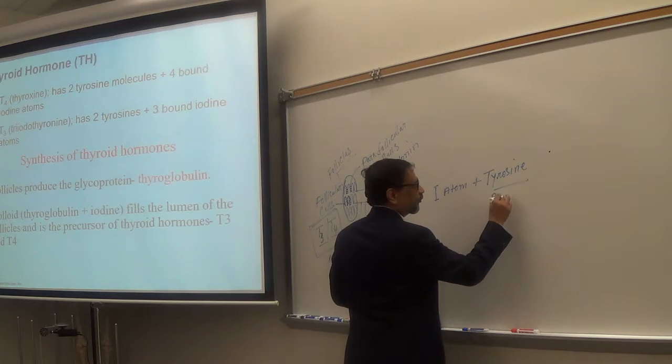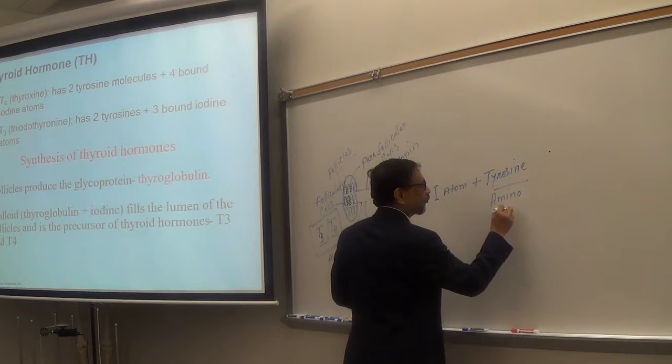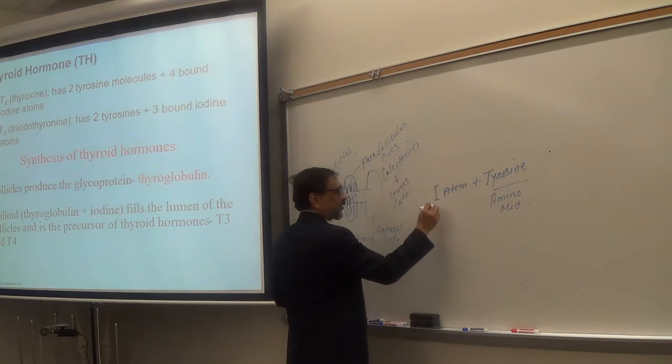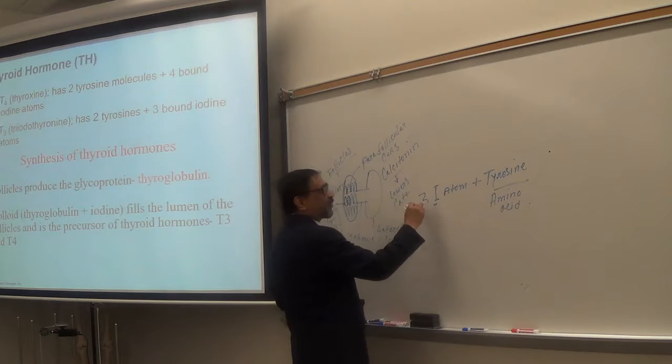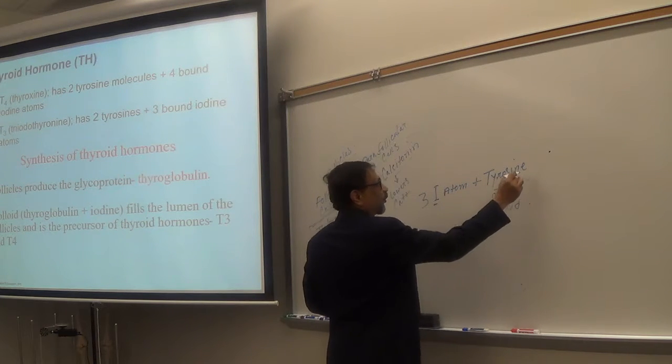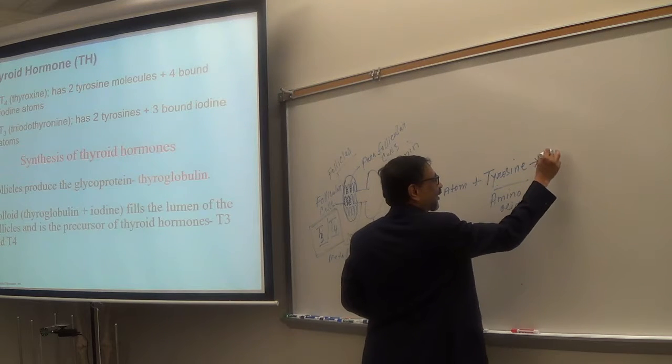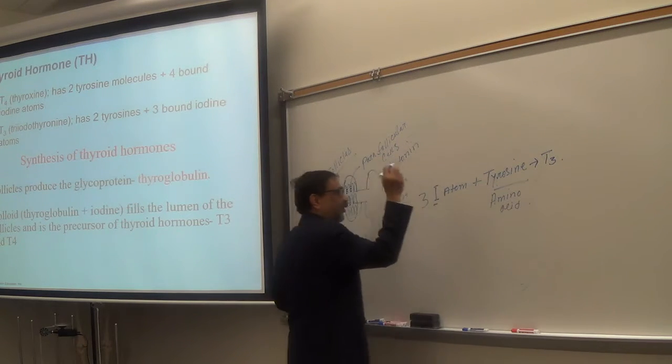When 3 iodine atoms bind with tyrosine, we get T3 or triiodothyronine.